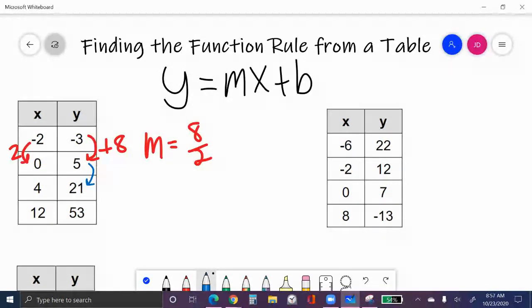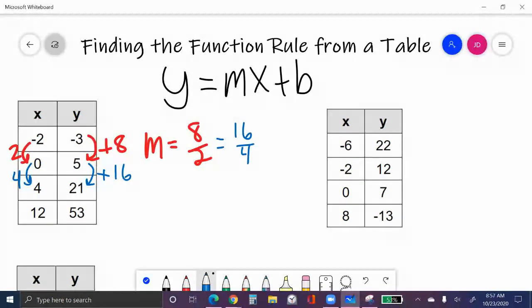It should have the same ratio. 5 to 21 goes up 16 over 4. 0 to 4 goes up 4. So 16/4.